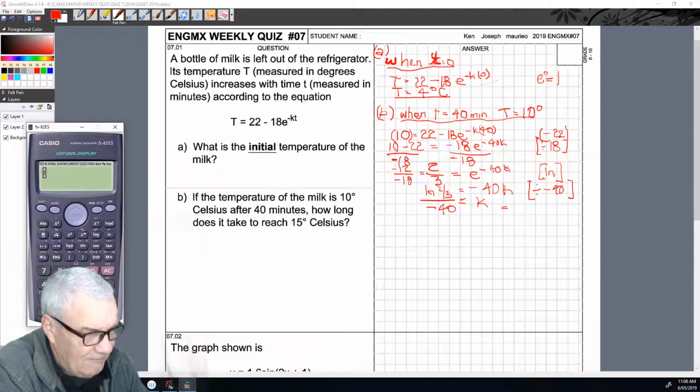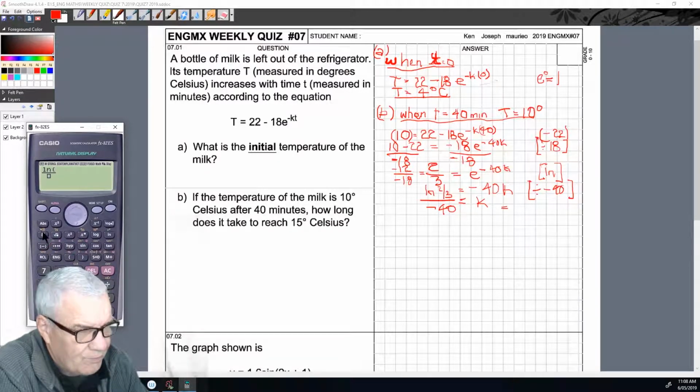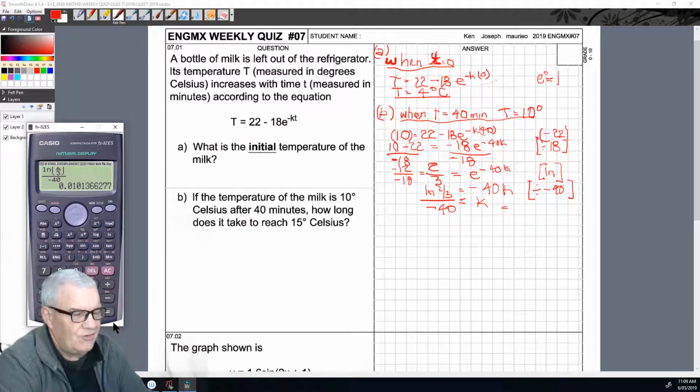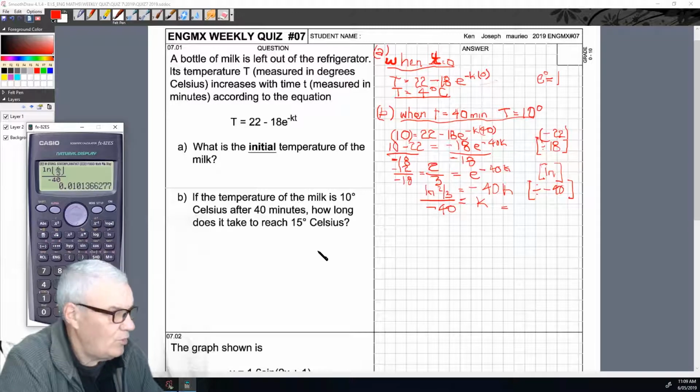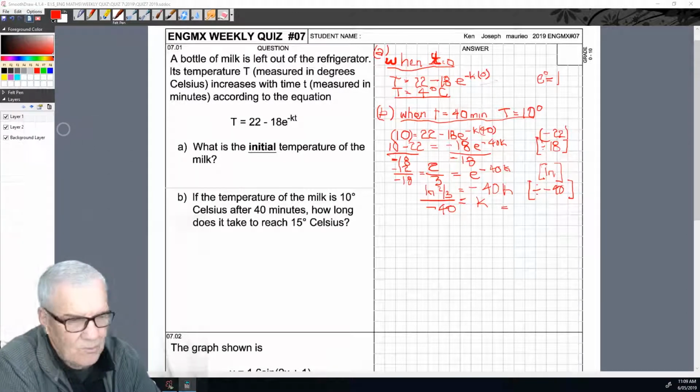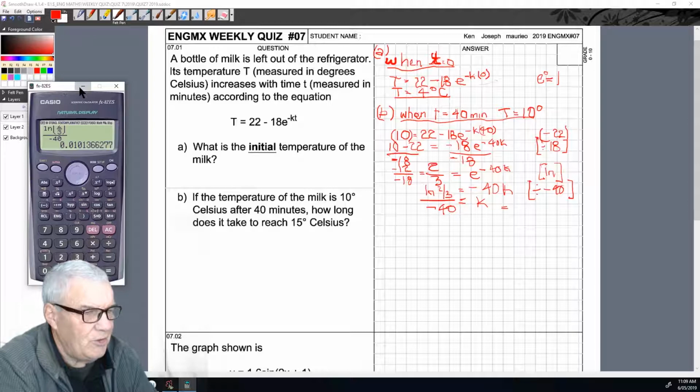Right, ln log of 2/3. Close the bracket, then drop down to there, negative 40 equals 0.0101.